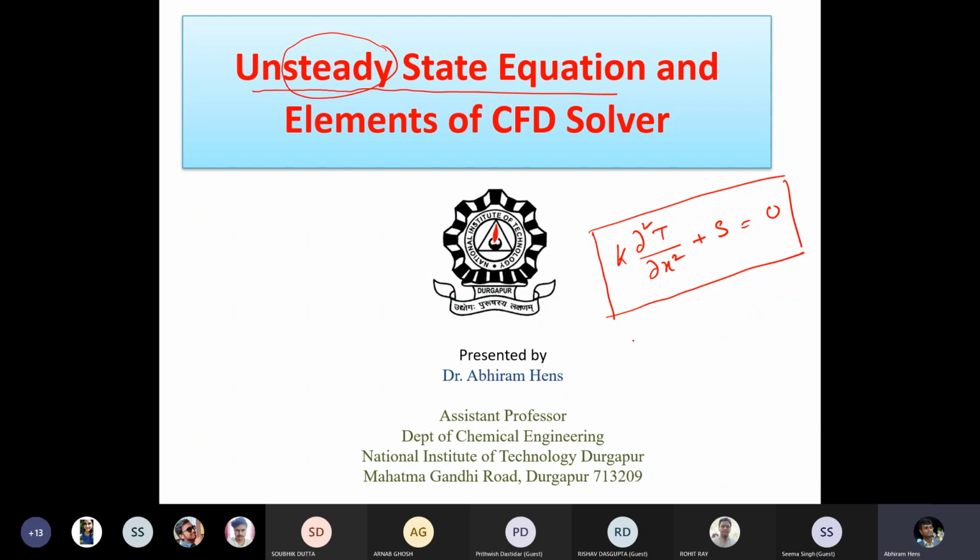Okay, the temporal term means what? You should have a dT/dt. The small t denotes time, and the capital T denotes temperature. So the term describing how temperature varies with respect to time is known as the temporal term.